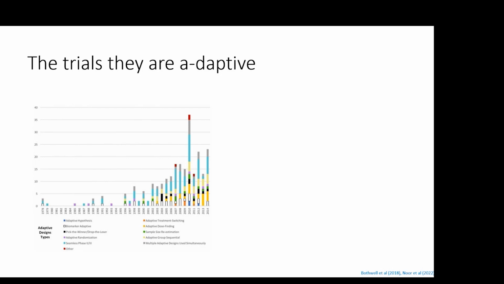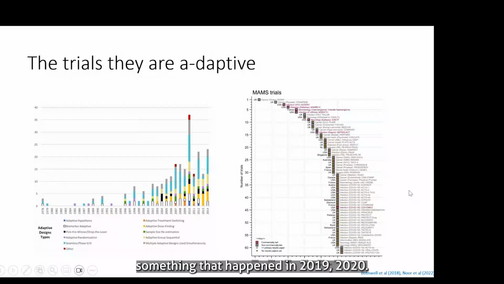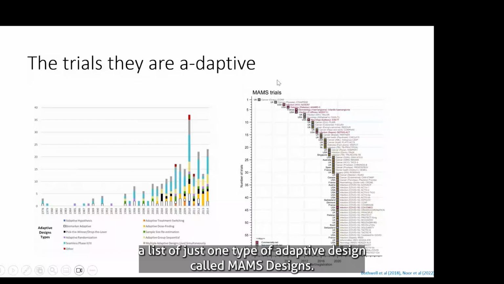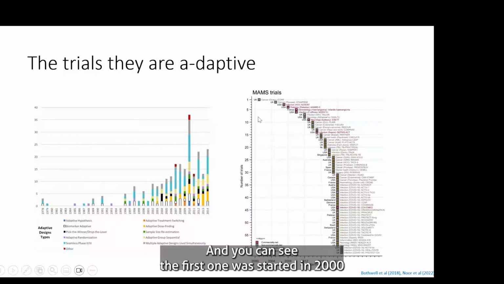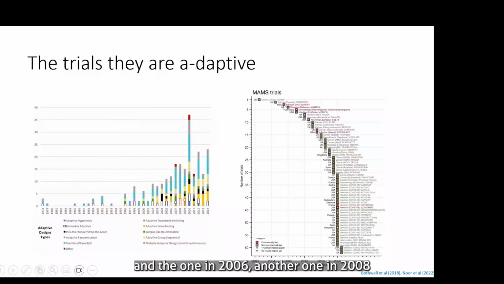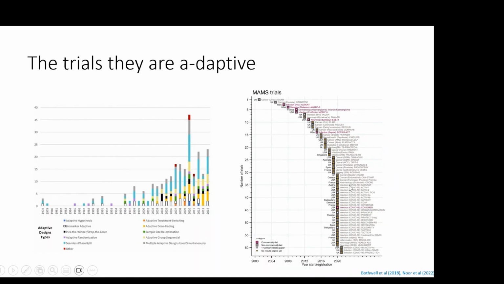And then all of a sudden, this happened. And this is obviously something that happened in 2019, 2020. You can see here a list of just one type of adaptive design called MAMS designs. We'll come to that later on. And you can see the first one was started in 2000, then another one in 2006, another one in 2008, and so on and so forth, until 2019-20, when all of a sudden 20 new MAMS trials were started in just one year.